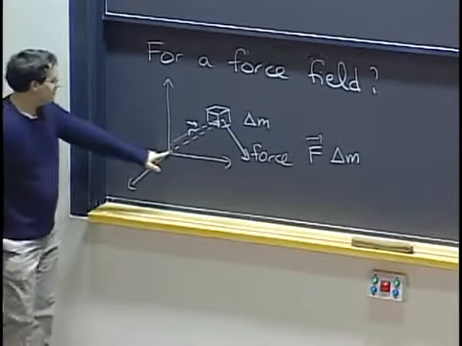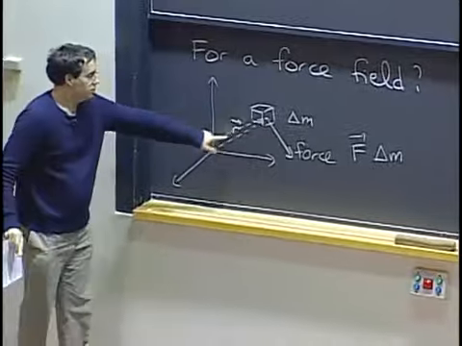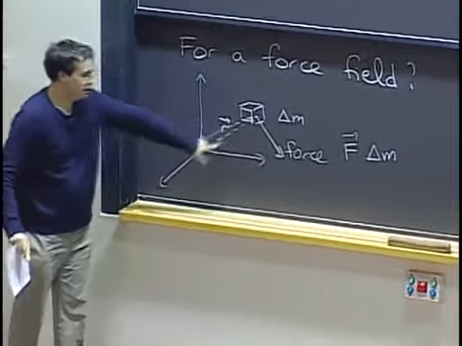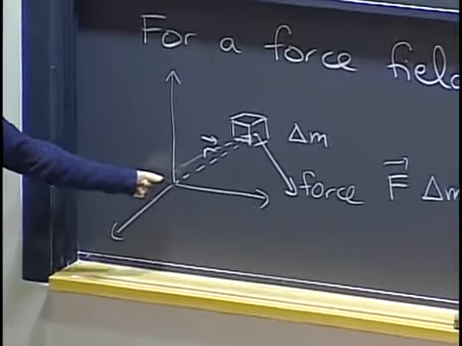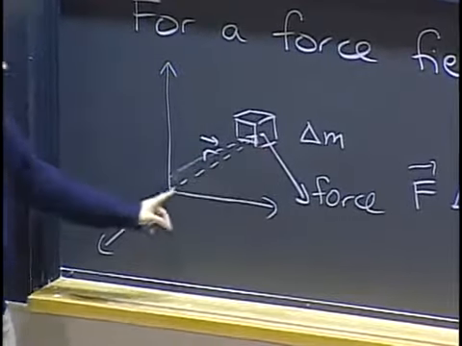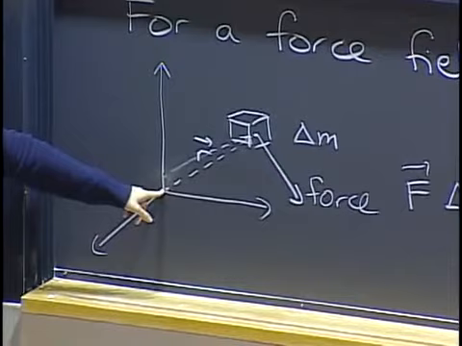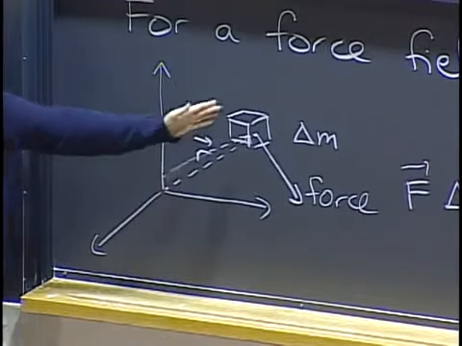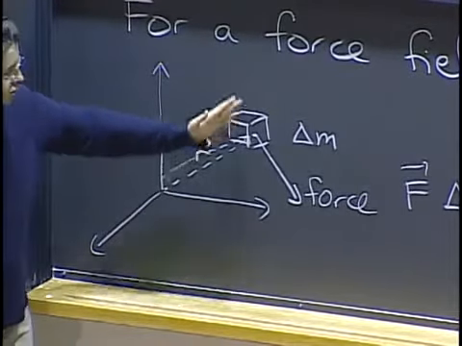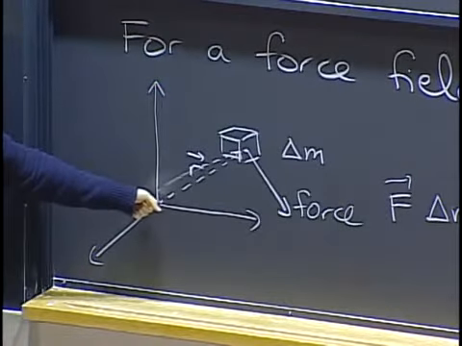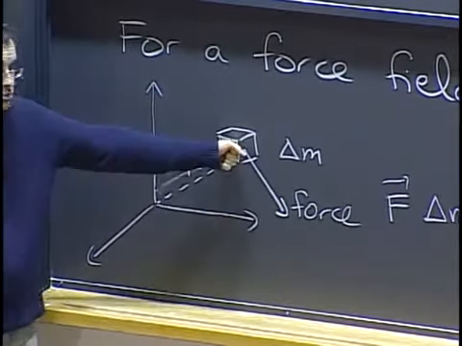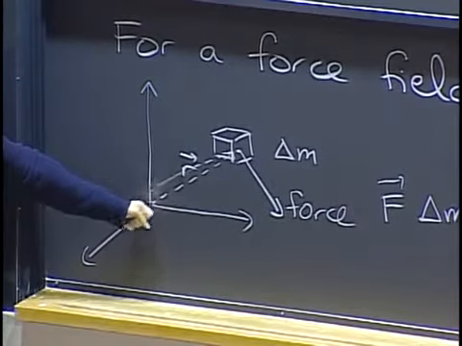Now let's say this is at the end of some arm or metal thing, and I want to hold it in place. The force is going to exert a torque relative to the origin that measures how much I'm trying to swing this around the origin, and consequently how much effort I have to exert to maintain it in its place by holding it at the end of a stick.